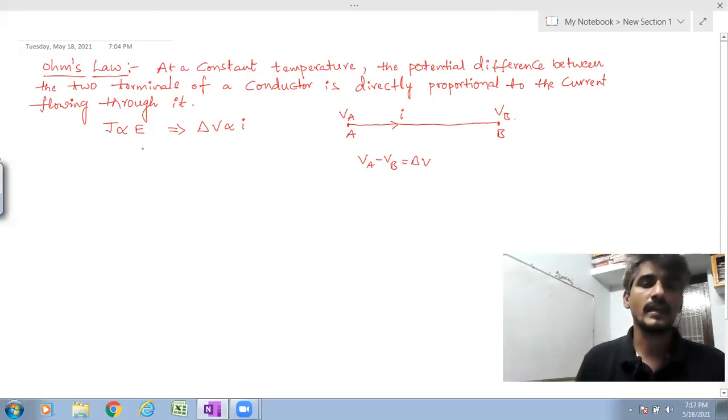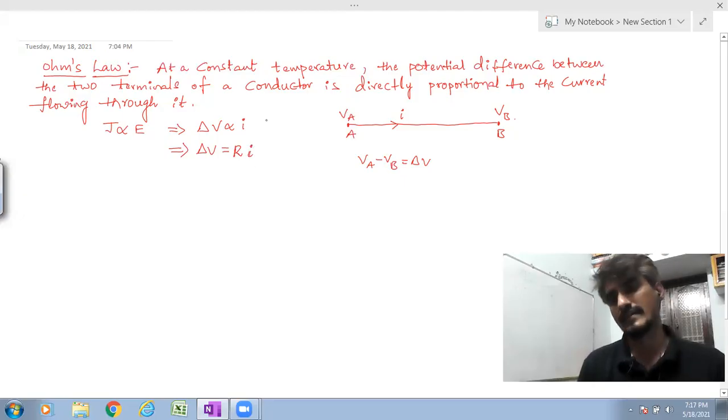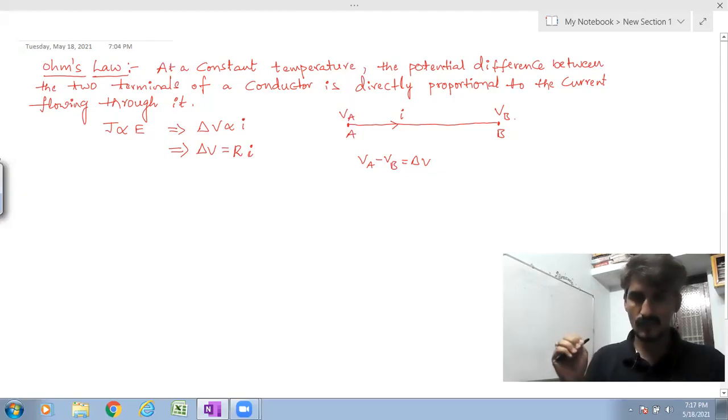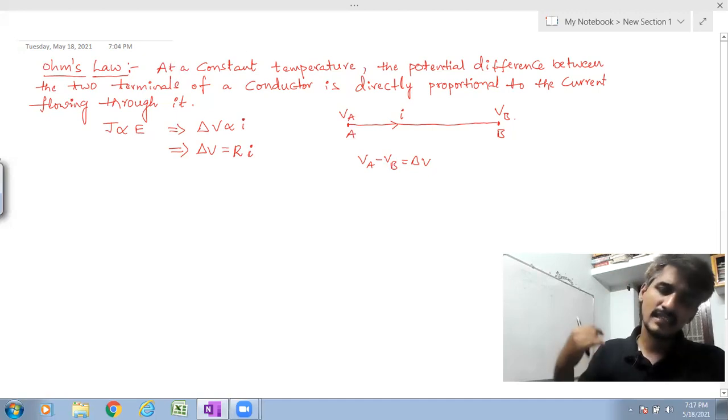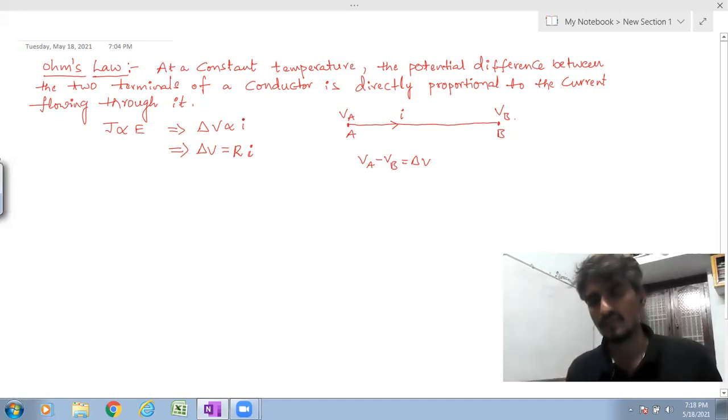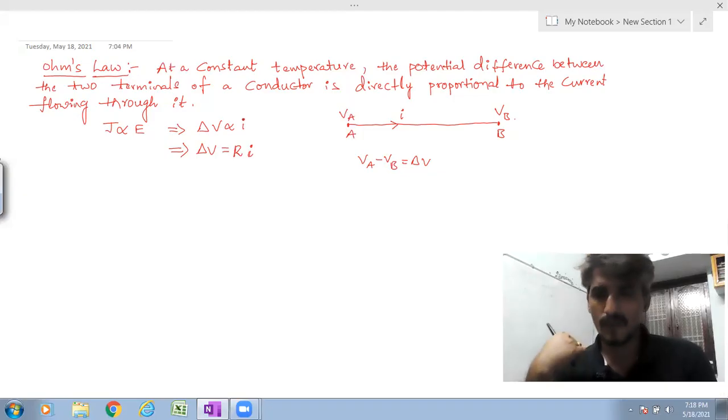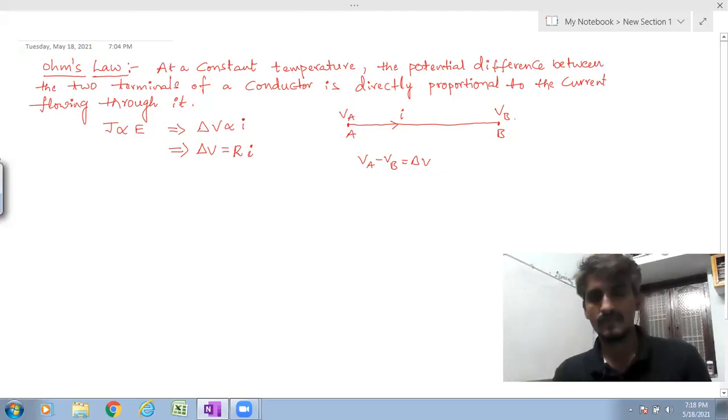So therefore we can write delta V is equal to, there should be some constant, right? That constant is R. So it is R times I. What is this R? Whatever energy we give to the electron, the total potential difference cannot be converted into I. Somehow there will be loss.